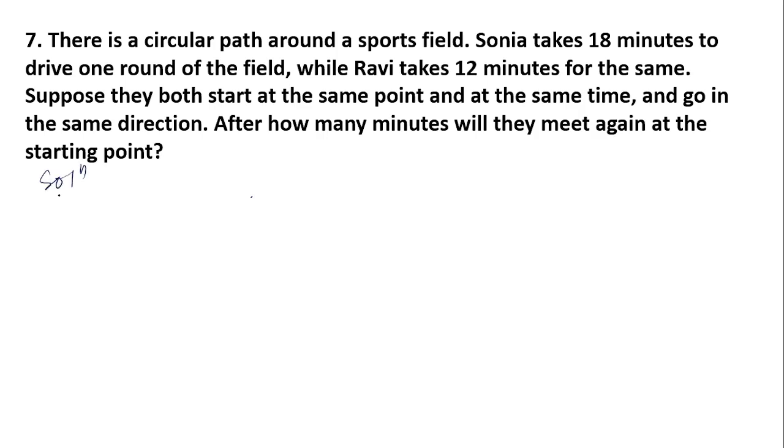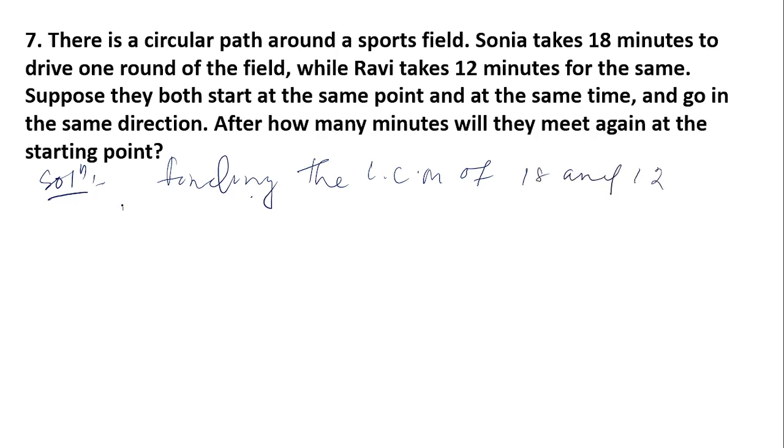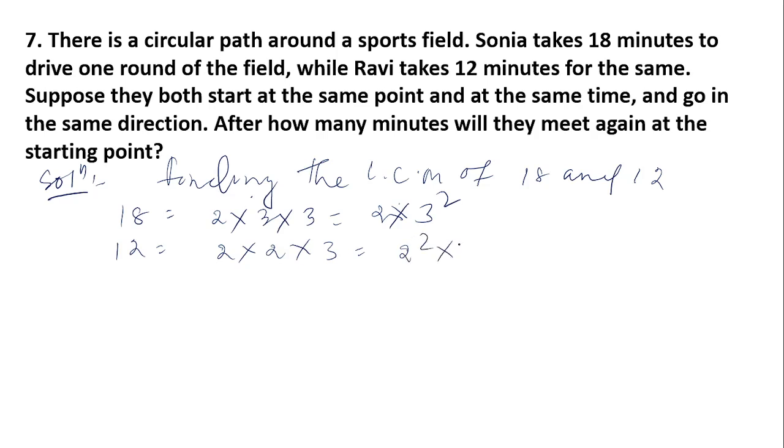Solution. Finding the LCM of 18 and 12. 18 can be written as 2 into 3 into 3, that is 2 into 3 to the power 2. Similarly, 12 can be written as 2 into 2 into 3, that is 2 to the power 2 into 3.